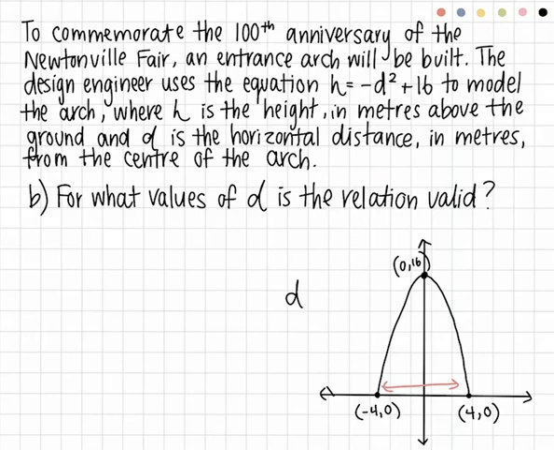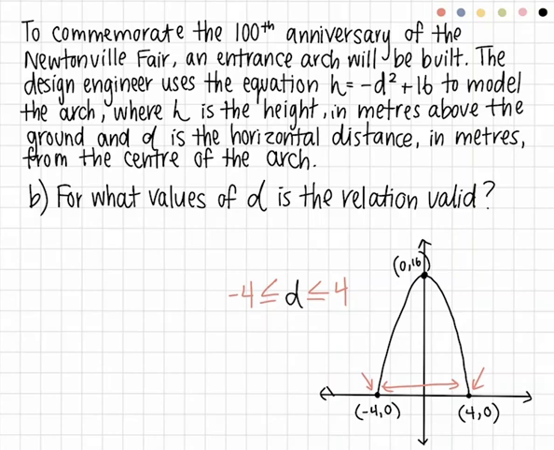Well, if I look over here, I know that D has to be less than or equal to 4, right? Because D can't be 5, 6, 7, 8, or 9 because it doesn't exist over there. Now, what about on this side here? Well, I know that the distance will have to be greater than or equal to -4. So when it's asking you what makes the relation valid for what values, that's what it's talking about.